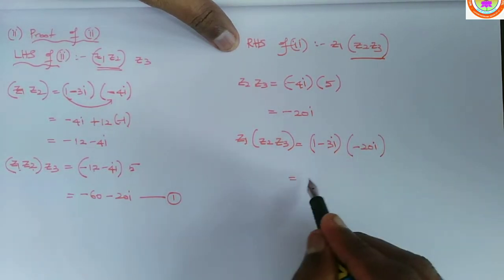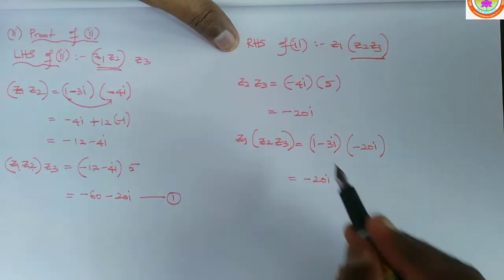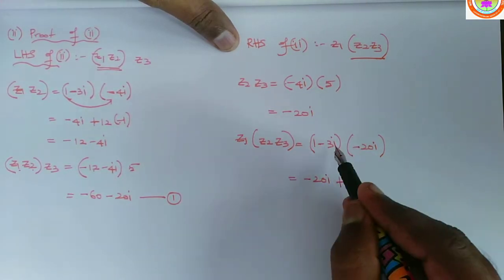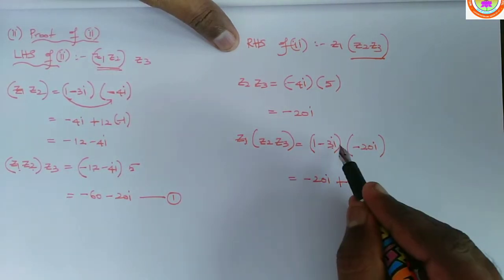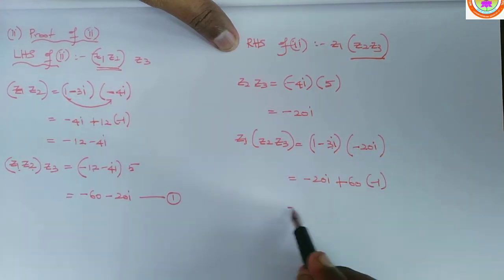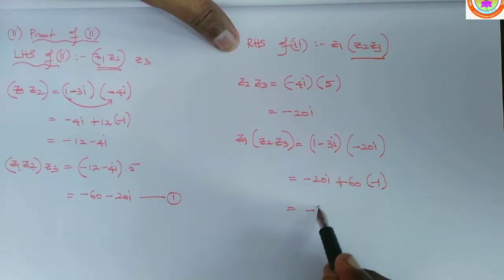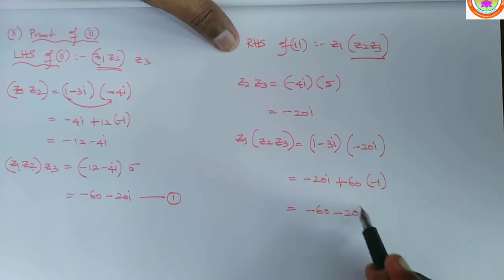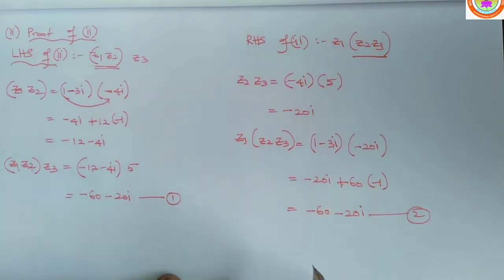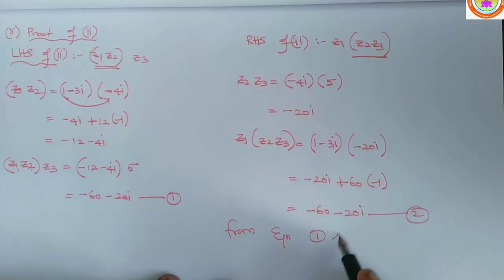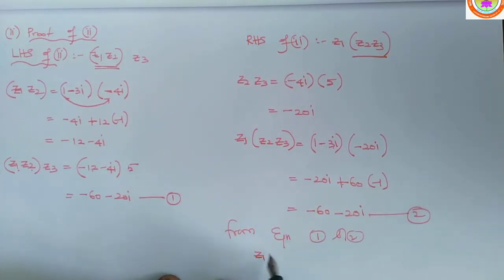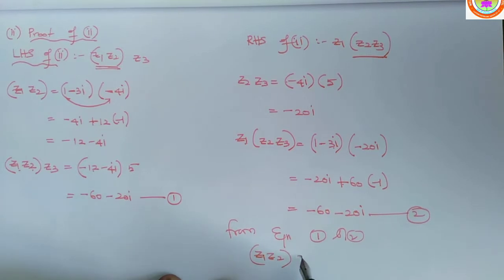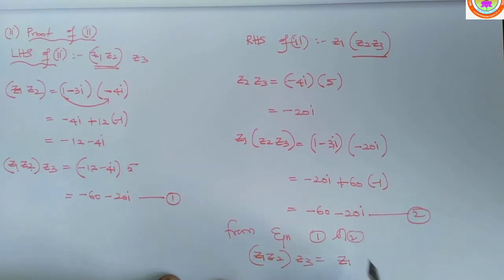So 1 into minus 20i is minus 20i, minus into minus is plus, 3 20s are 60, i into i square is minus 1. So plus into minus gives minus 60, minus 20i. Keep it as equation 2. Therefore from equation 1 and 2, Z1 into Z2 into Z3 is equal to Z1 into Z2 into Z3. Hence proved.